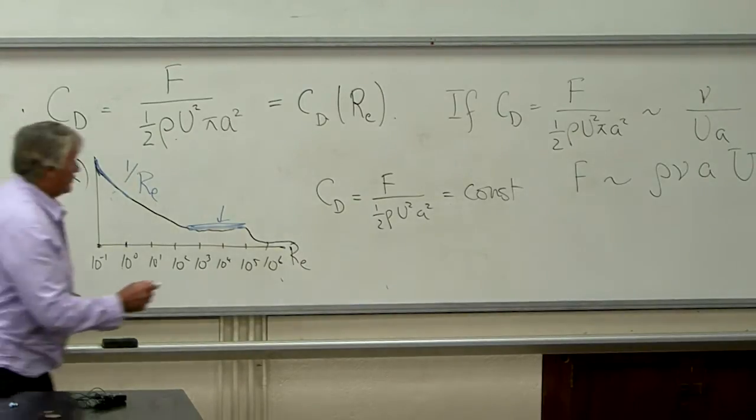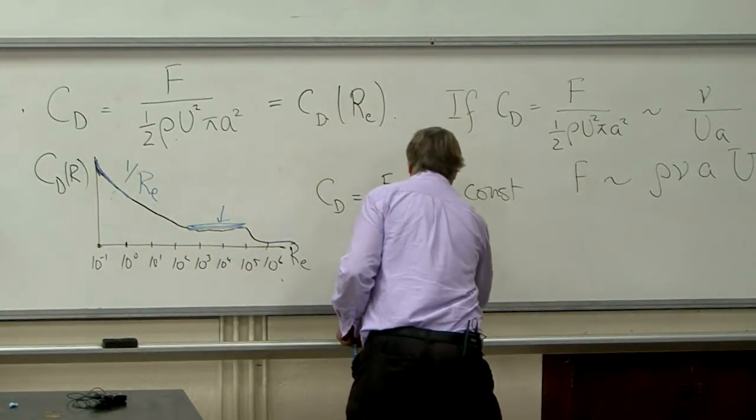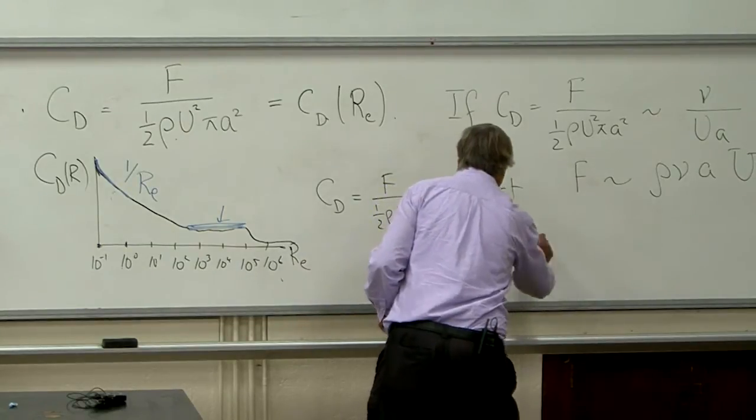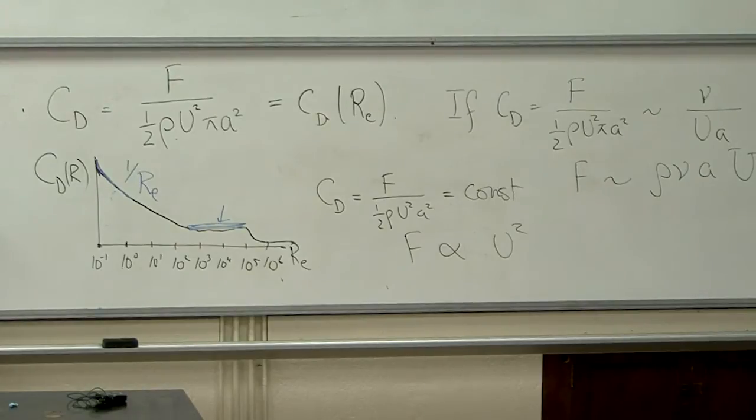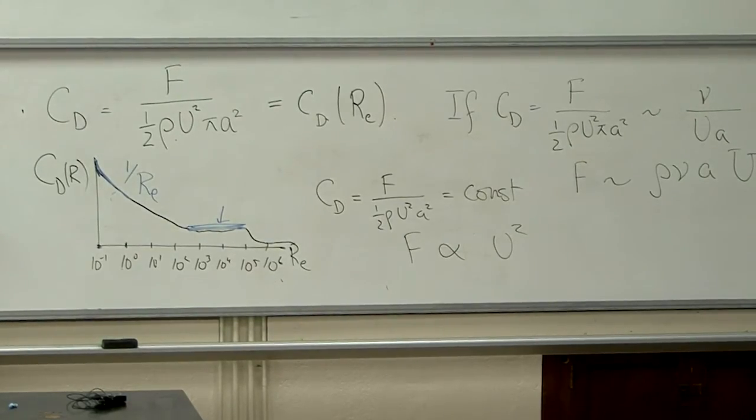So this means the force, if I multiply across, is proportional to U squared. So Eric's fastball feels a friction force proportional to U squared. In fact, in most ball games, like tennis or anything like that, unless you're playing tennis in treacle, your Reynolds number is going to be in this range.